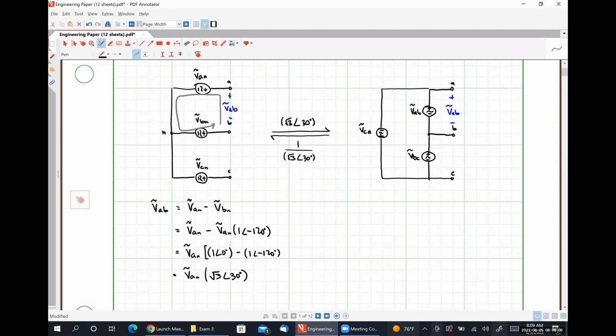Are there any questions on it before we move along to transforming between balanced sources, or excuse me, balanced loads? All righty.